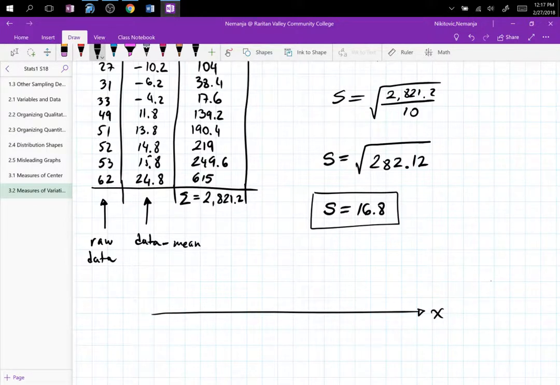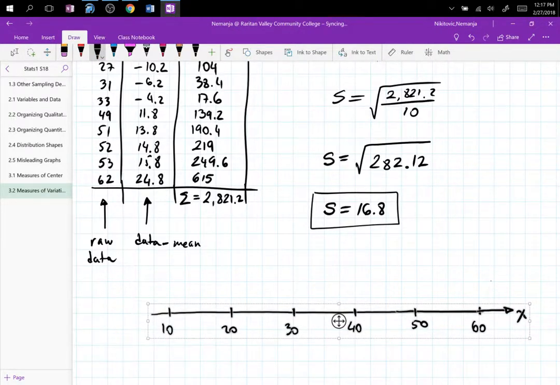So I'm going to say 10, let's try 20, 1, 2, 3, 4, 30, 1, 2, 3, 4, 40, it's not going to fit obviously, 1, 2, 3, 4, 50, 1, 2, 3, 4, 60. There we go.